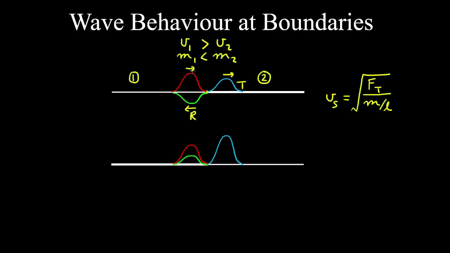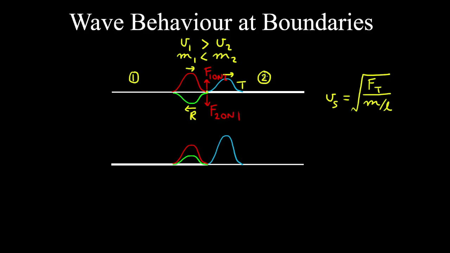So considering this incident wave pulse propagating through string 1, then when it gets to the boundary, string 1 will exert a force on string 2, pulling it upwards. And by Newton's third law, that force is equal and opposite to the force exerted by string 2 on 1.